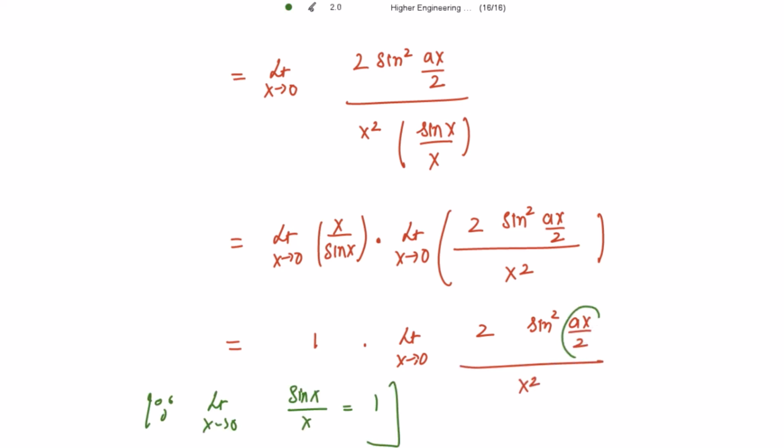Because I have ax divided by 2 and I have the power 2, let me multiply and divide by a square by 4. Limit x tends to 0 of twice of a square divided by 4 into sine square (ax divided by 2) whole divided by (a square x square divided by 4).